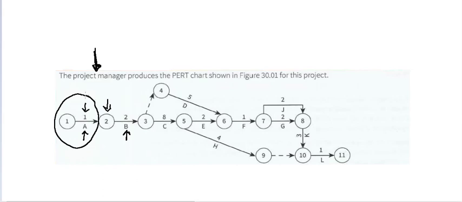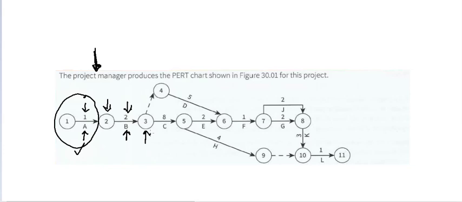Until this has been completed, activity B cannot begin, right? So once activity A is complete, activity B is going to take 2 weeks to complete. Once we are done with activity B, milestone 3 has been reached.